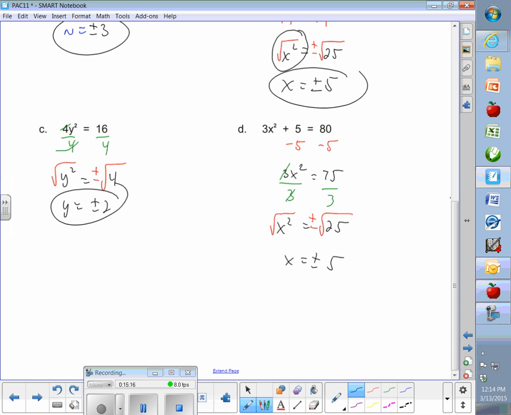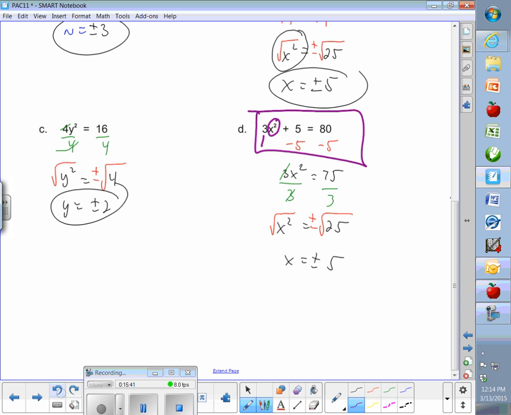Let me pause for a second, just to prove to you that the answers are both correct. All right, don't write this, but just watch. Look at the original right here. If the x is a positive 5, 5 squared is 25. 3 times 25 is 75. 75 plus 5 is 80. Works, doesn't it? Did you follow?